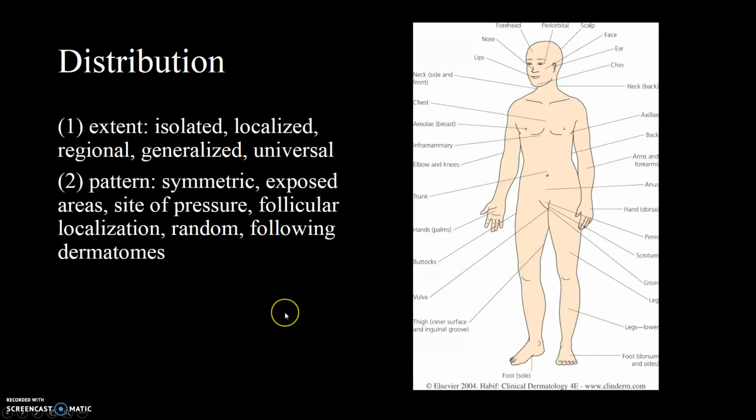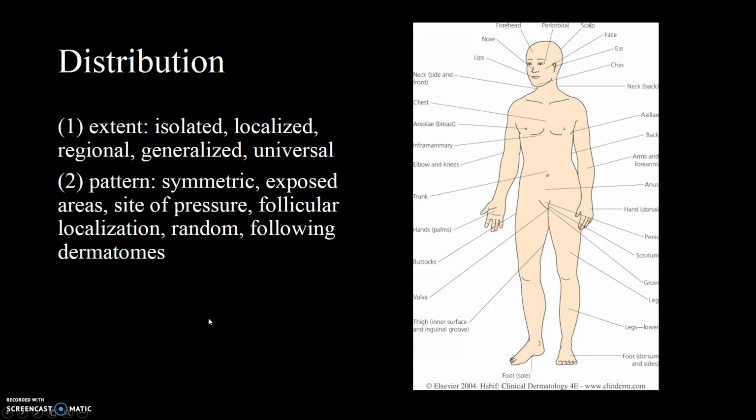And then distribution. You're thinking of two things. The extent of the distribution: is it isolated? Is it localized, regional, generalized, universal? Or is there a pattern to this distribution? Is it symmetric or is it unilateral like the herpes zoster? Is it exposed areas only, or the site of pressure, follicular localization?